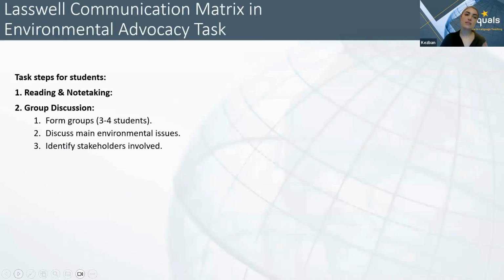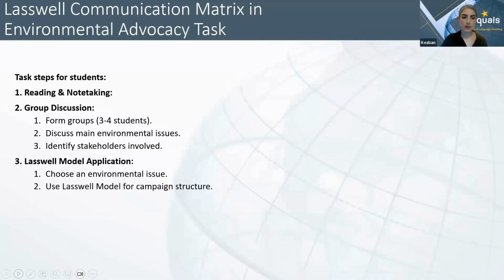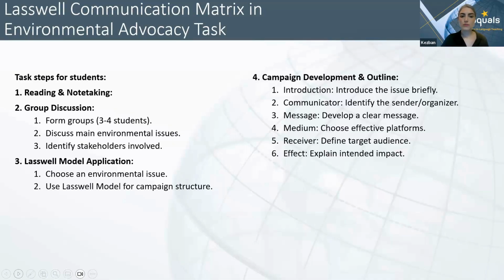After completing reading, note-taking tasks, and getting familiar with environmental actions to be taken at organizational, individual, and governmental levels, they this time started talking about how to apply this model to develop their own campaign, an advocacy task. And their task was to develop their outline under 6 headings as given.